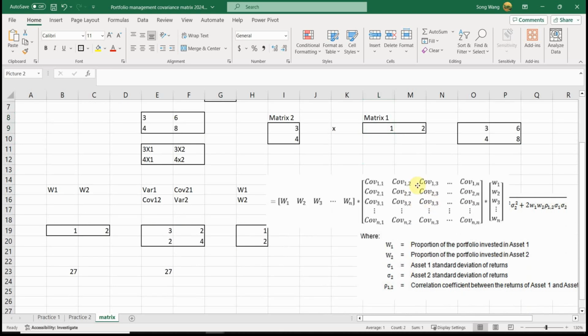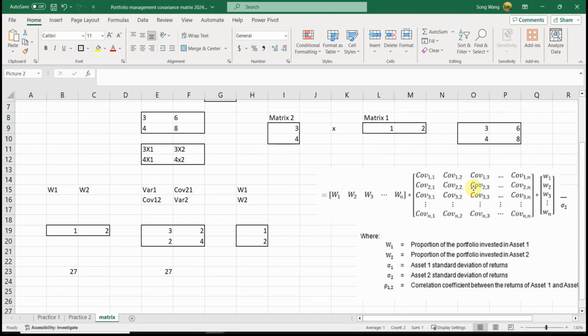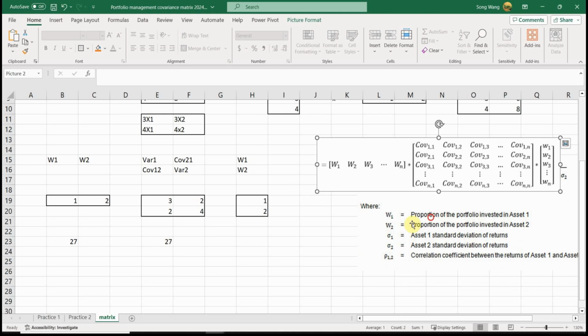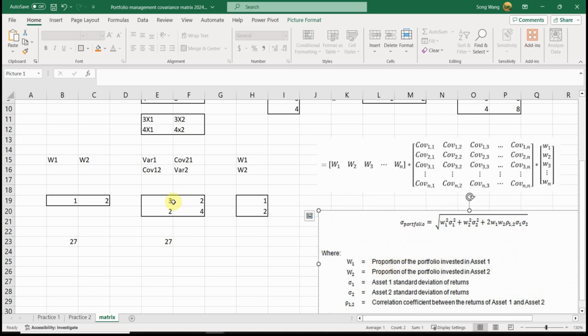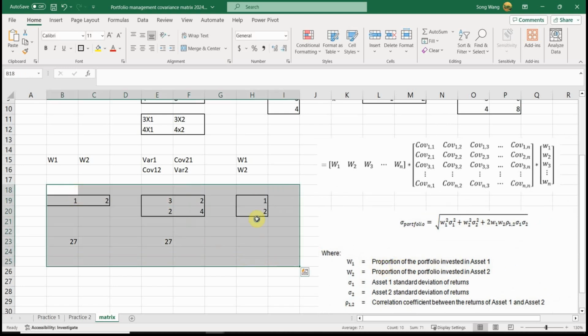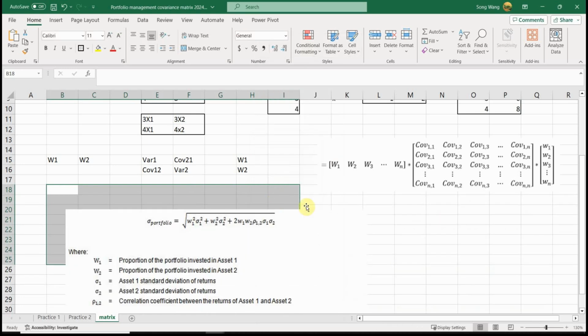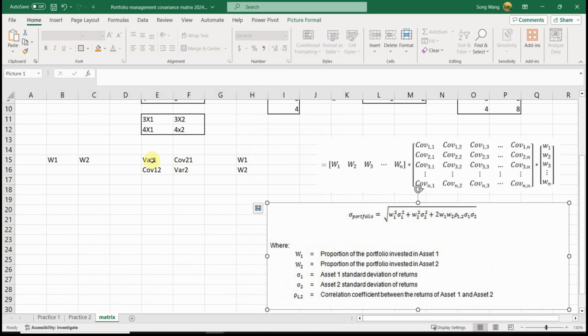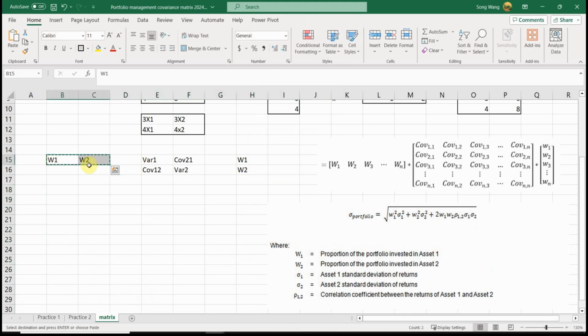Okay, so back to my calculation here. Let me delete all this. So if I have 3 stocks, I will use W1, 2, 3.